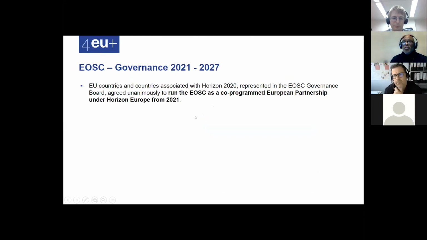The governance from 2021 to 2027 is based on a tripartite structure, which includes the EU countries and the countries that are associated with the Horizon 2020, which represents the EOSC Governance Board, which was agreed upon earlier this year.